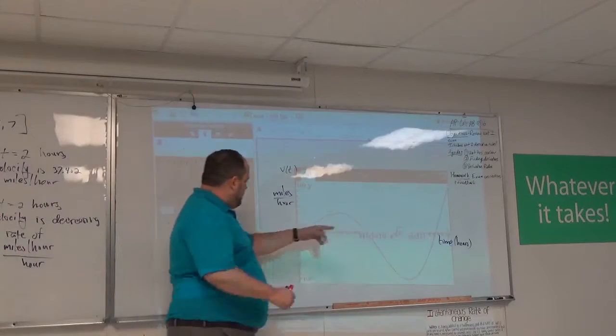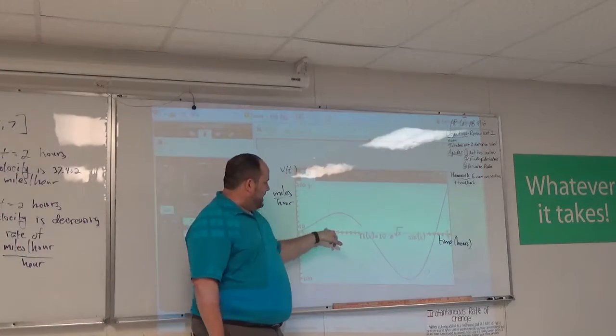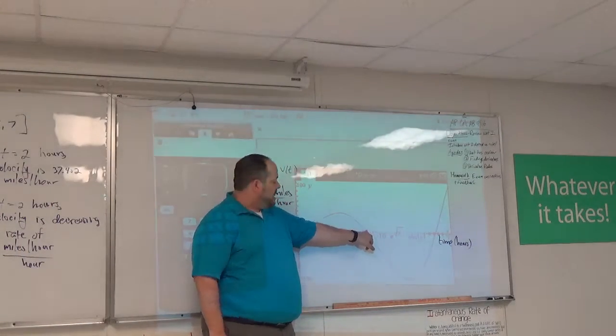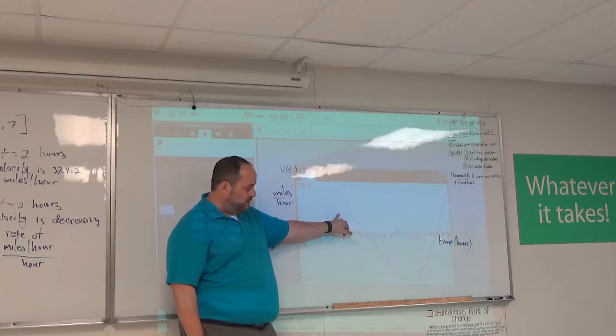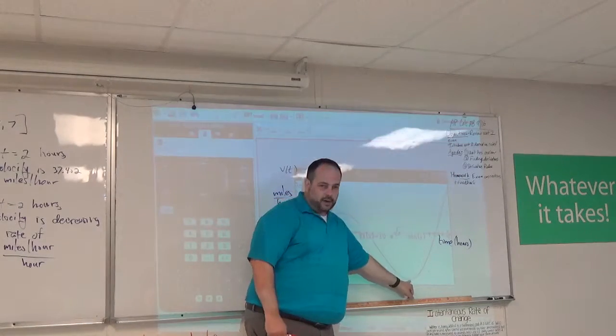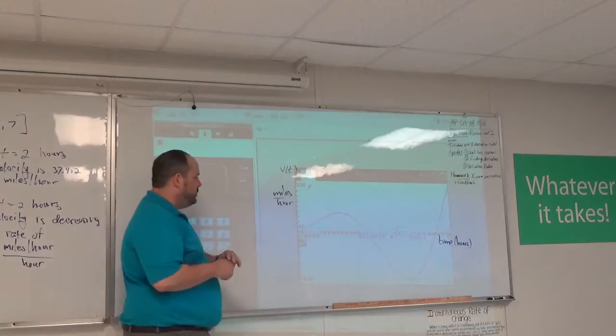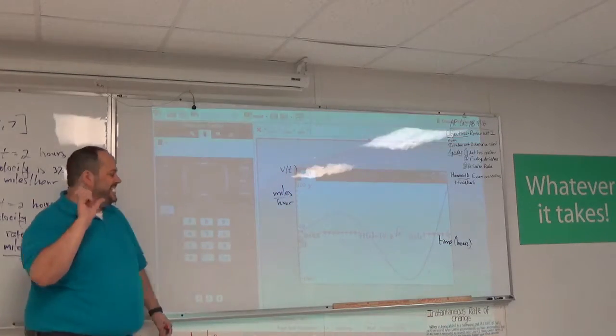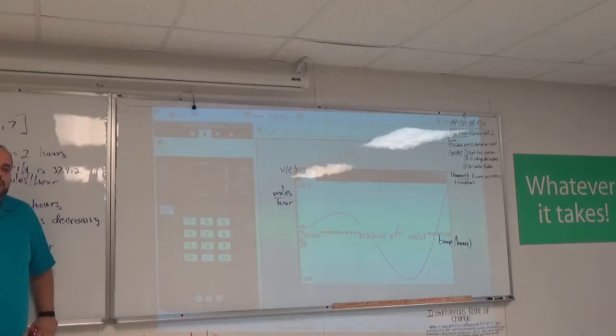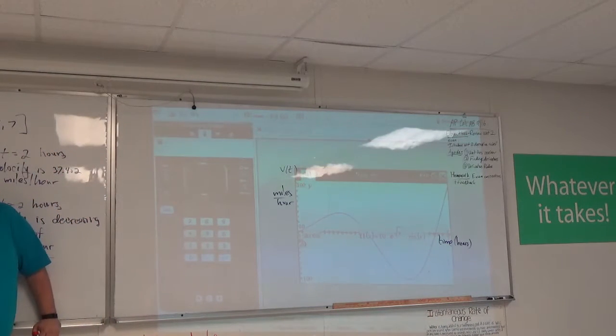Some people are saying over here, some over here, some over here, and some over here. These seem to be the four places people are pointing to. The question is, what is the acceleration the second time the car comes to rest?